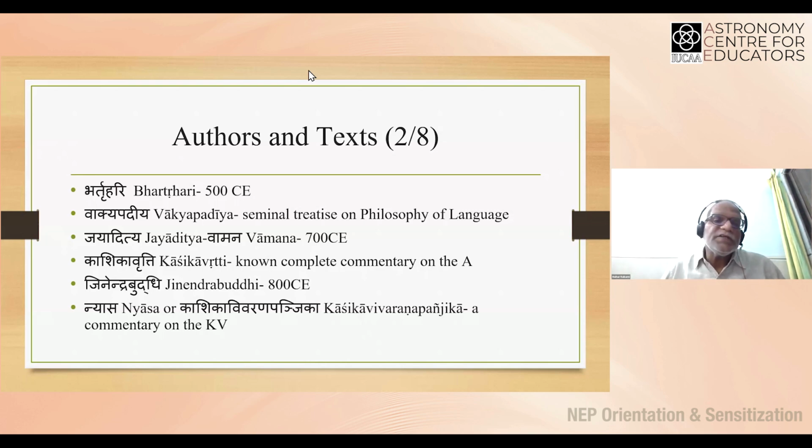Now, the significance of the Kashika Vritti is that this is a text which also brings Buddhist grammatical thought into the Paninian grammatical system. This is the first commentary which was not transmitted orally. It was transmitted only in writing through manuscripts. And we have lots of manuscripts. We have collected lots of manuscripts of this text from all over the world.